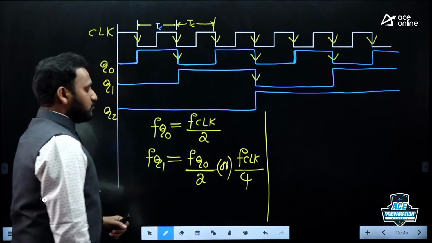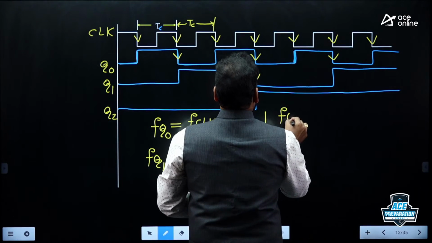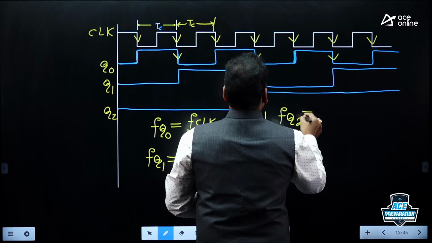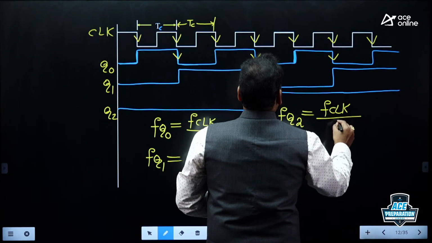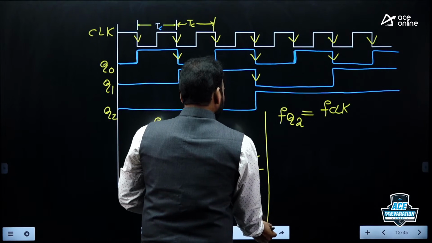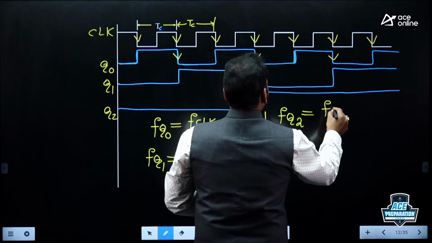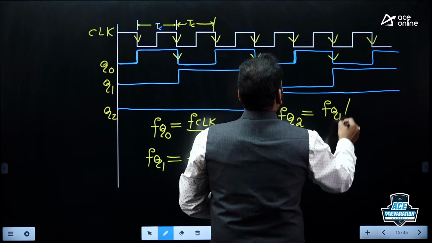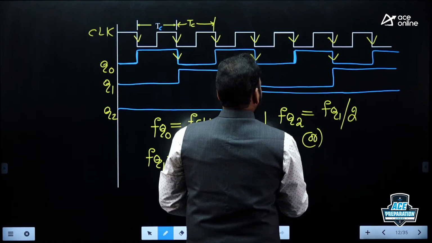Then what is the FQ2, sir? You can guess it. FQ2 is equal to F clock divided by, I will write it in terms of FQ1, FQ1 divided by 2.